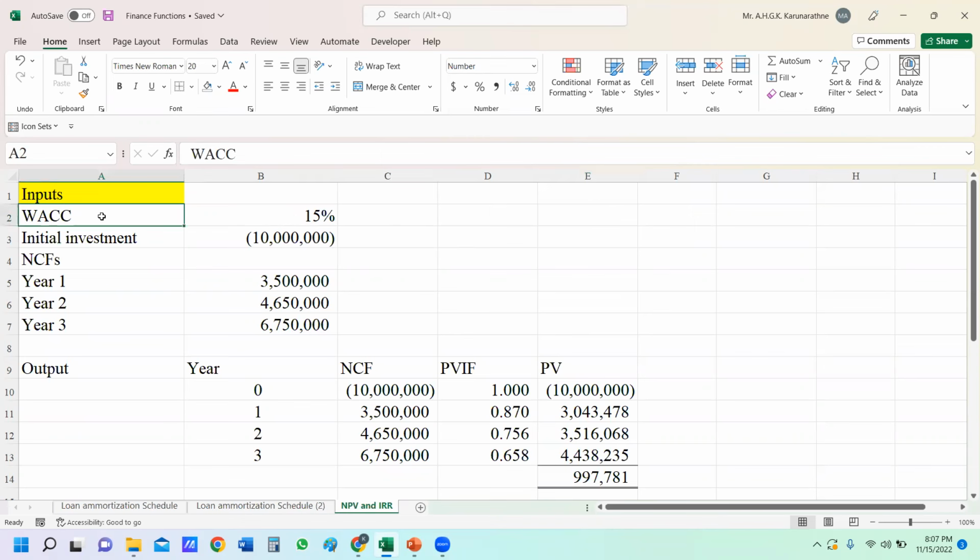The project cost of capital, or weighted average cost of capital, or incremental cost of capital, whatever cost of capital is applicable to this business project appraisal. I'm not going to discuss what types of cost of capital should be applied, whether it is the overall cost of capital, the project cost of capital, or the risk adjusted cost of capital. There are a lot of concepts. That is not our subject.